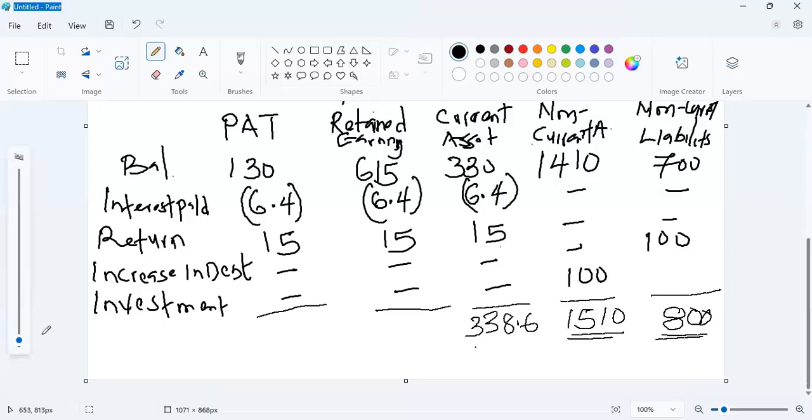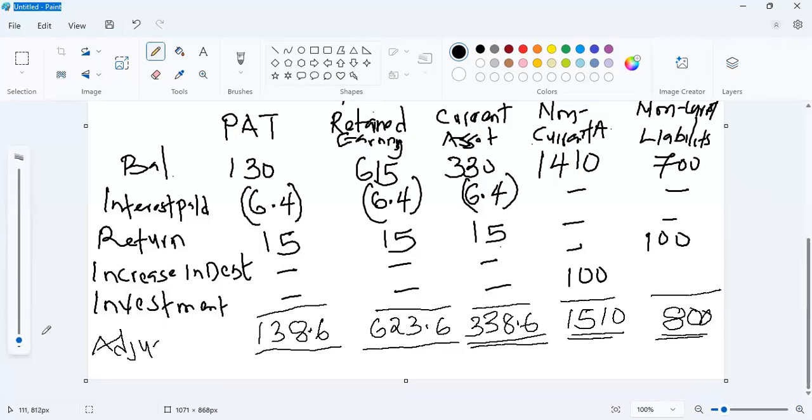Next, 623.6. And 138.6. So this is our adjusted figure now.